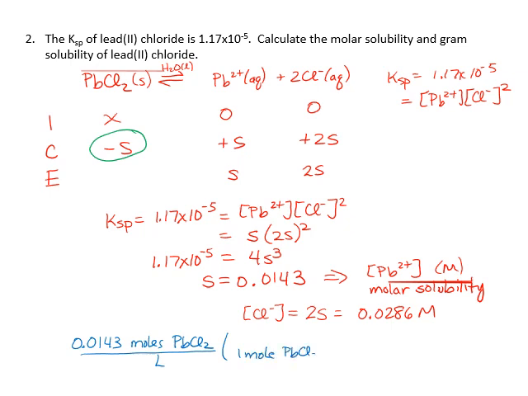But 1 mole of lead 2 chloride weighs 278.09 grams. So that means 3.98 grams of lead 2 chloride would dissolve in a liter of solution.